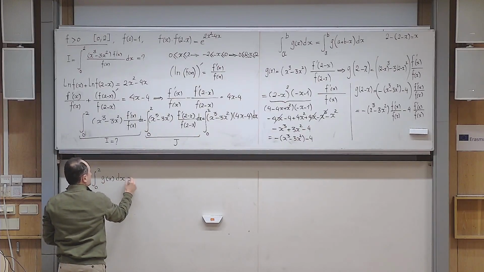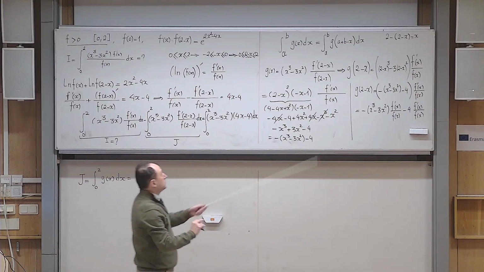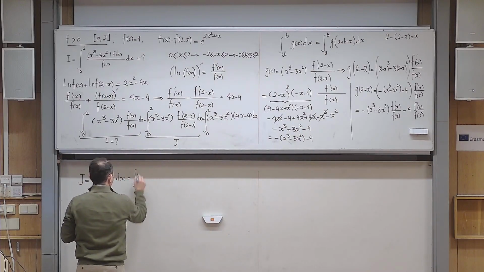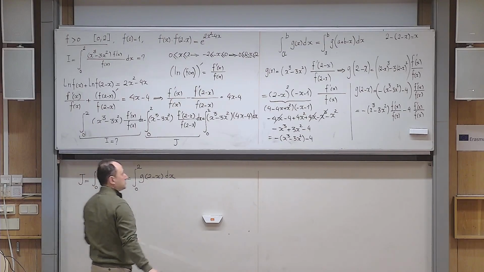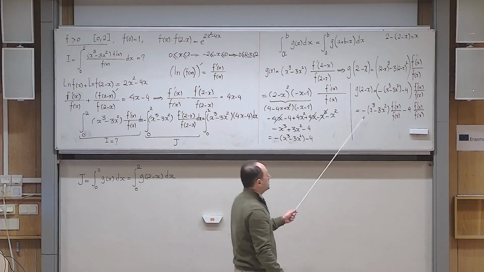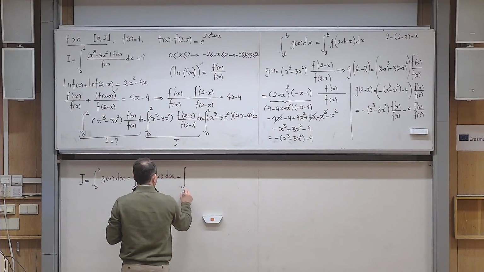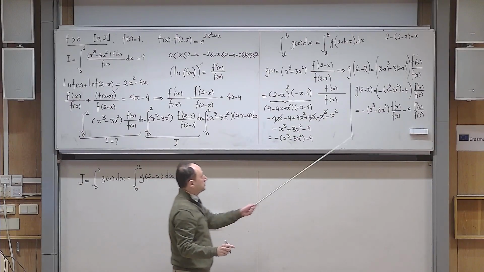But according to that theorem up there, this can be written as the integral from 0 to 2 of g of 2 minus x dx, yes. But I was able to calculate g of 2 minus x to be this combination. So let us go forward. It becomes the integral from 0 to 2, and instead of g of 2 minus x, I put this expression.